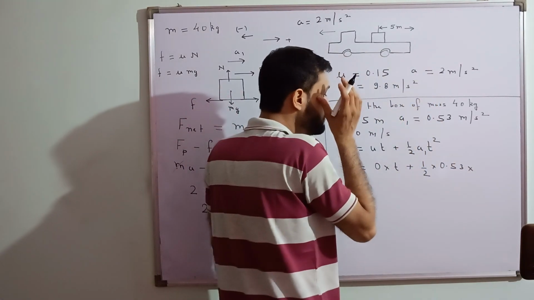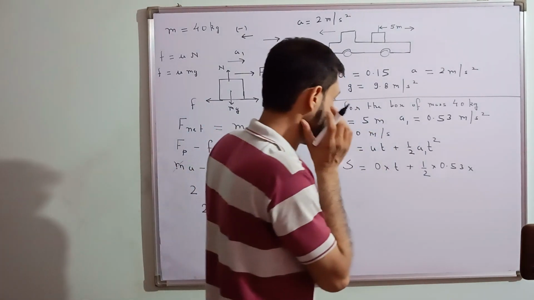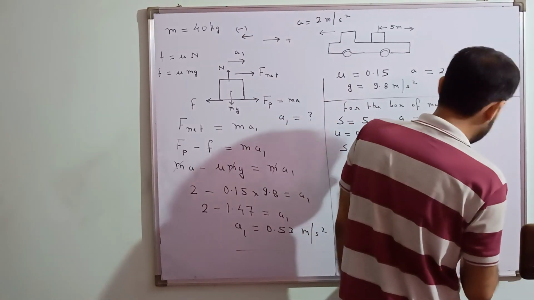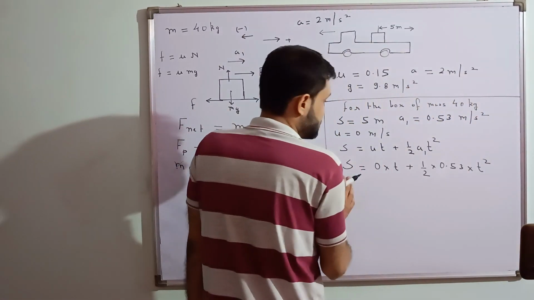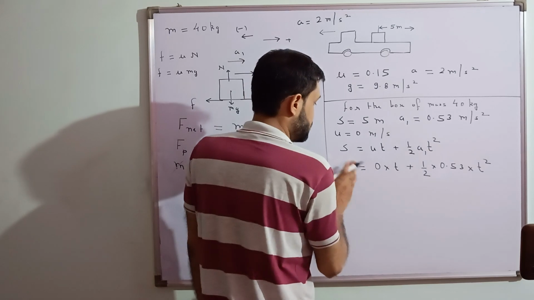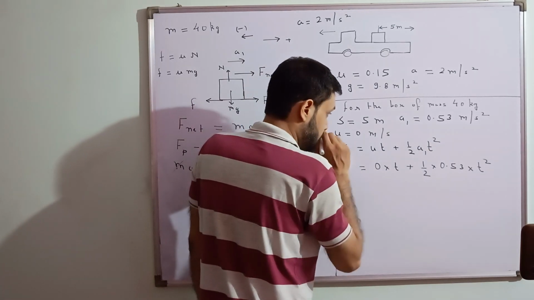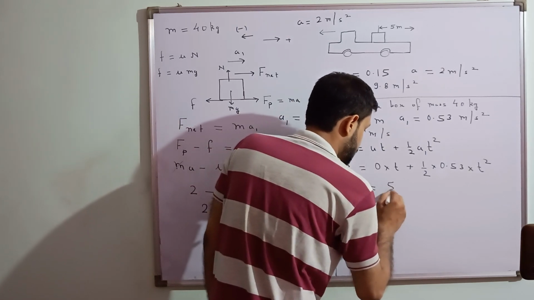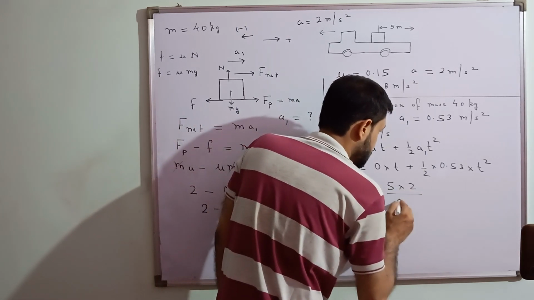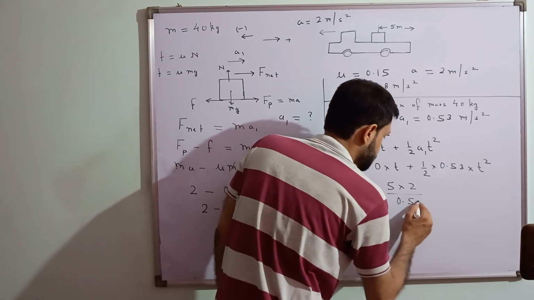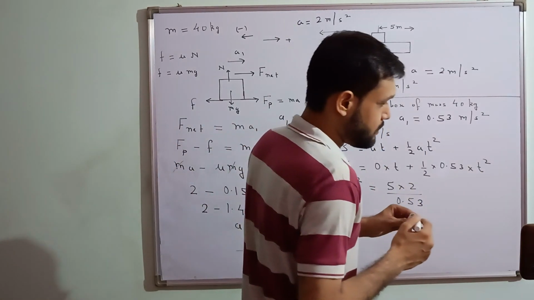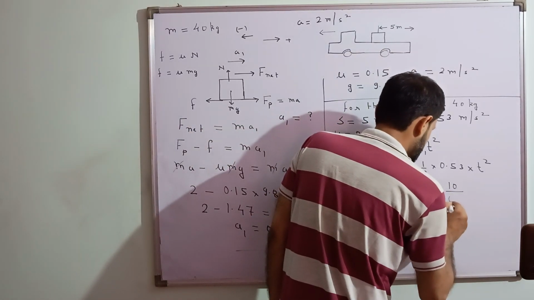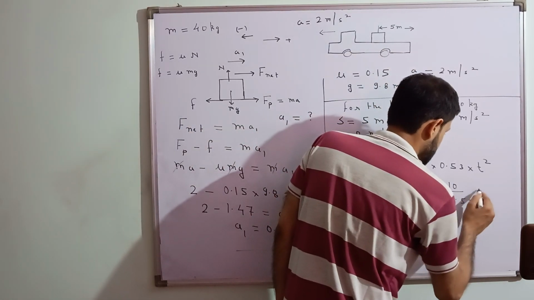We don't know the value of t square, so we are interested in finding t. And s we know, it is 5. So from here t square is equal to 5 into 2 divided by 0.53, or we can write it 10 by 0.53 seconds.